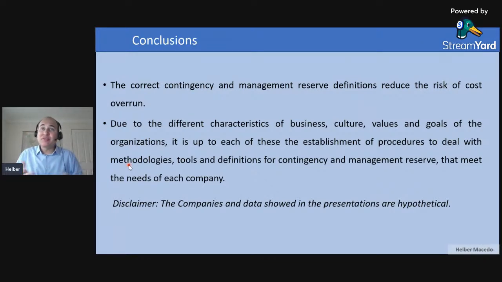You'll be able to define the contingencies better and avoid cost overrun. Another very important thing is every company should have a procedure, should have training, should have a clear definition of what should be included and what should not be included in the contingencies, how to estimate contingencies, and how you manage contingencies, in the same way with management reserve.